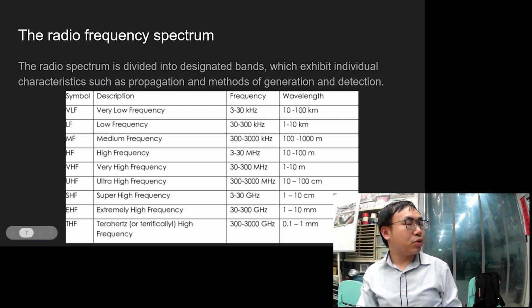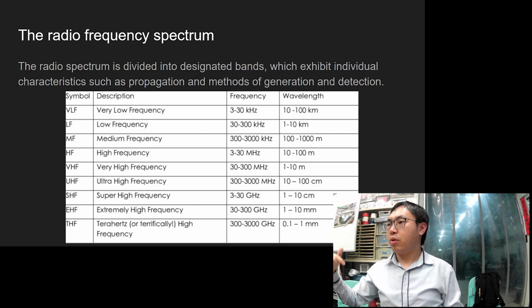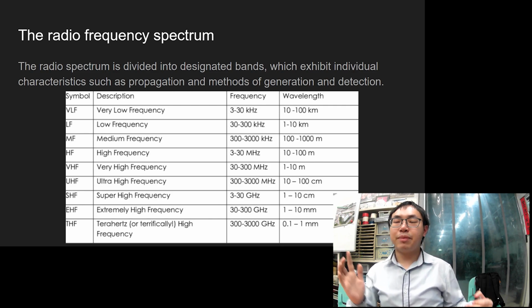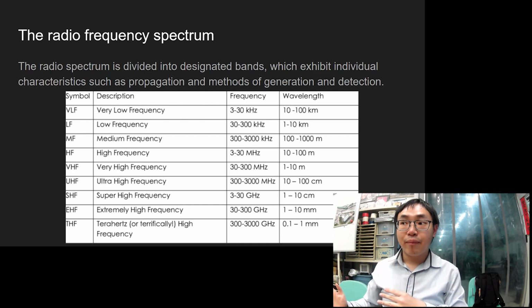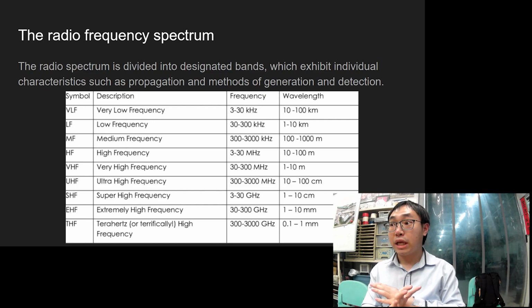And HF, we usually use for DX, distance communication. Medium frequency in Hong Kong, we use it for AM broadcast. Does it mean that we must use AM broadcast in medium frequency? No, it's not a must.